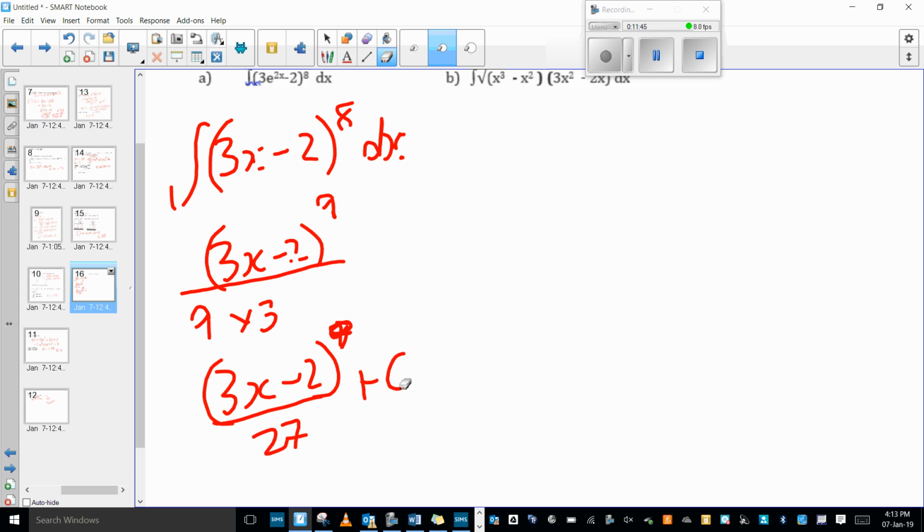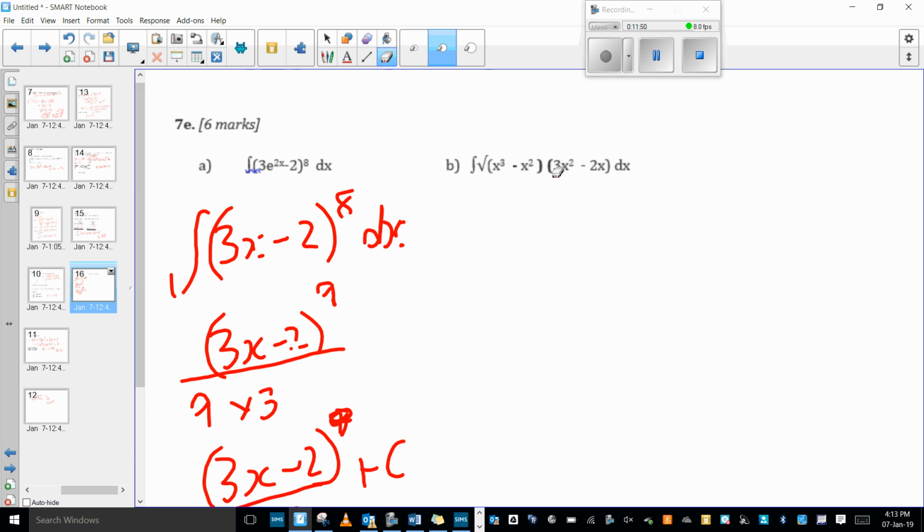Okay, and then this one here. This is our main expression, so this is x cubed minus x squared to the power of half.